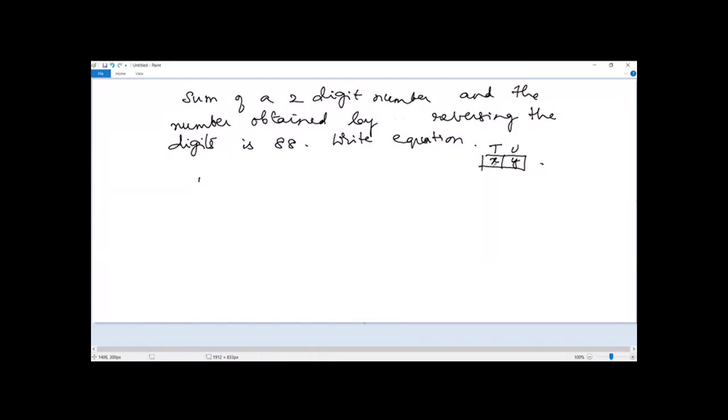No, see here, these are the digits. The number is not xy; the number is 10x plus y. Because if you take a 2-digit number, whatever digit is in the tens place, you multiply by 10 and add y. If you reverse, then y comes here and x comes here. Then the number is 10y plus x, and that is equal to 88.